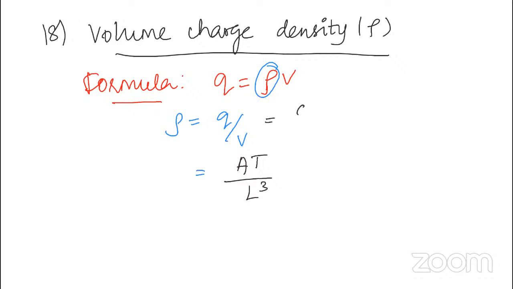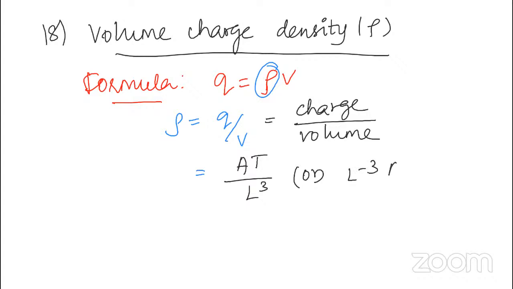Charge by volume is L power minus 3 into A into T. So this is the dimensional formula for volume charge density.